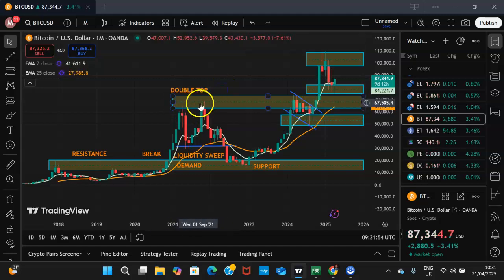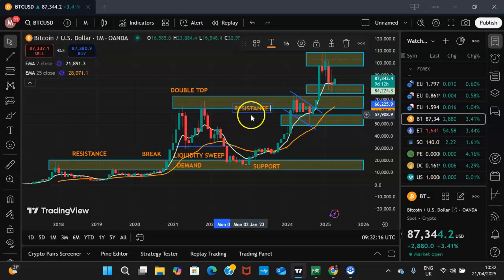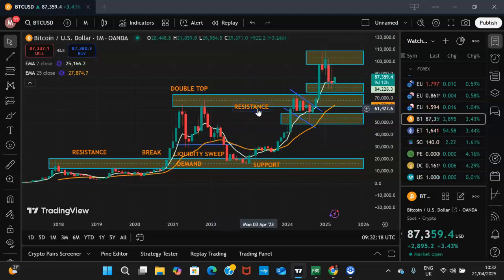At this region, we have this first top and then the second top here, followed by a pin bar and then an engulfing candle, and then price sold up till this previous demand zone. Now this double top can also be our new resistance zone. So for price to continue bullish, we expect price to break out of this resistance zone.